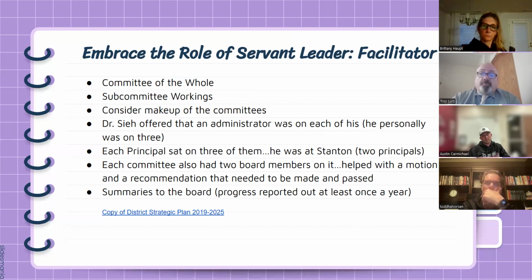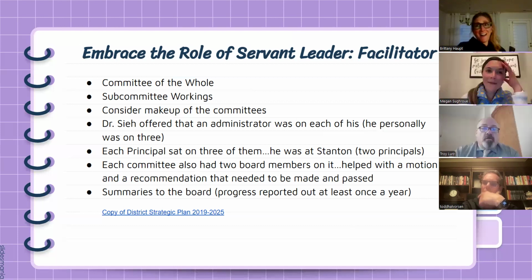So, Todd, how many administrators do you have in Plasma? We have two at each building, so six, and then the superintendent would be seven, sped director eight, early childhood coordinator nine. Austin, I was starting to try to count, and I'm like, at my admin building alone, we have way more than that.